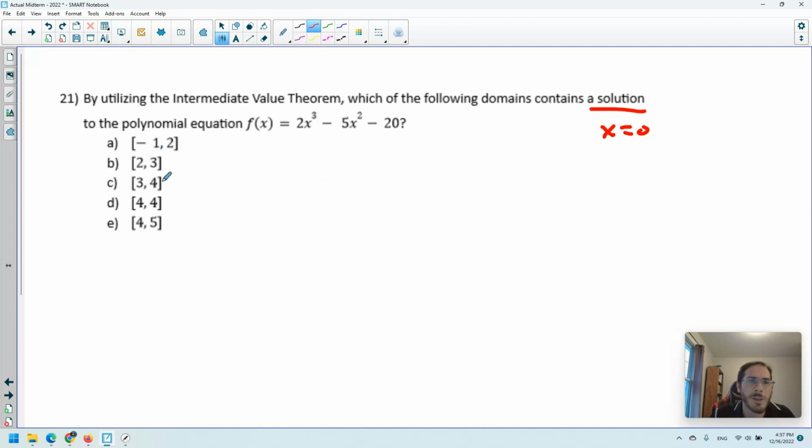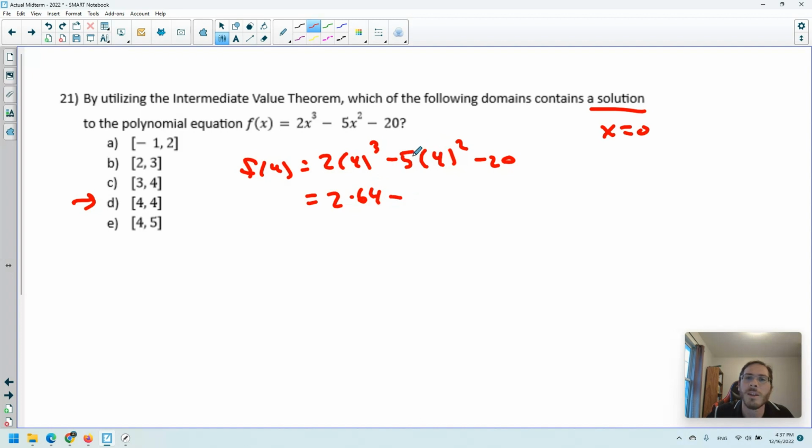Looking at my answer choices, the one I'm trying first is D, because D looks very suspicious that those are the same number. So that would mean it's only at 4. If I were to plug in 4, I should get 0 if D is the correct choice. So 2 times 4 to the third minus 5 times 4 squared minus 20. 4 to the third is 64, so 2 times 64 minus 5 times 16 minus 20.